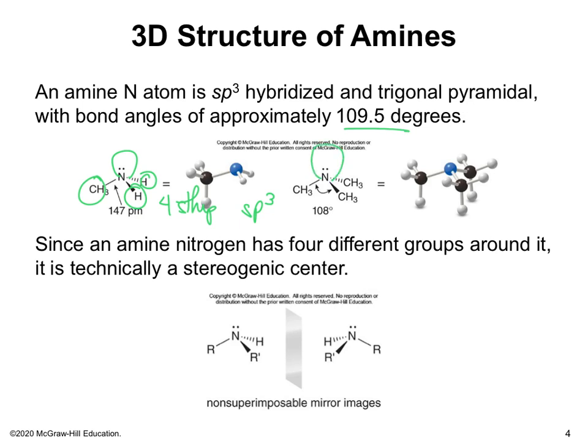This lone pair takes up a lot of space, so it pushes these other groups, these methyl groups, down. They are not considered stereogenic, even though they can have 4 different groups. And the reason why is because they can interconvert at room temperature.